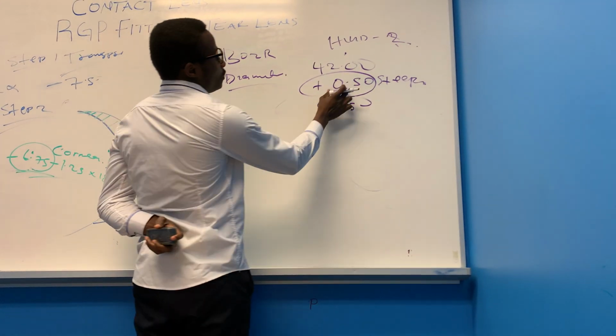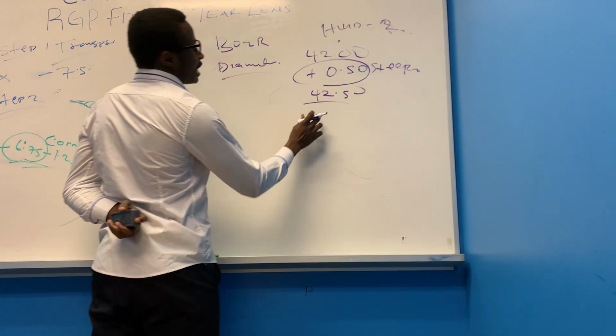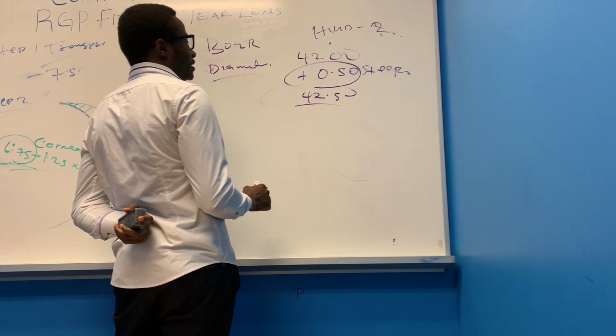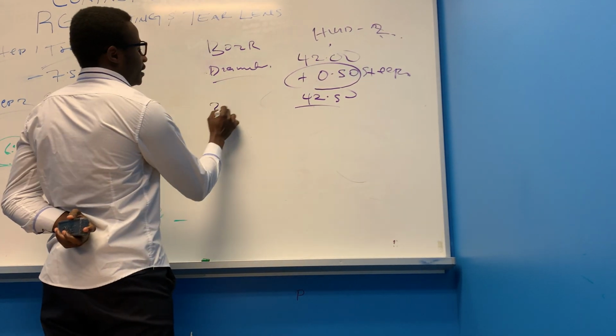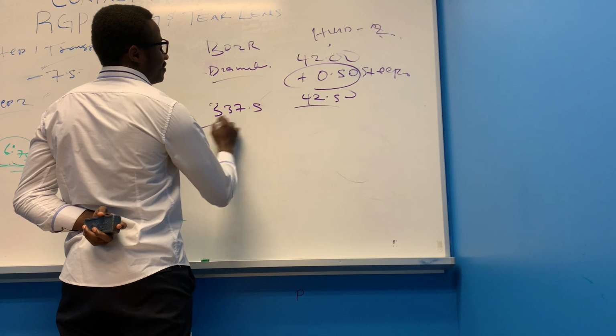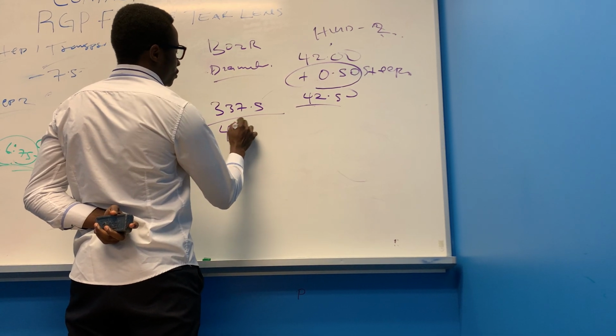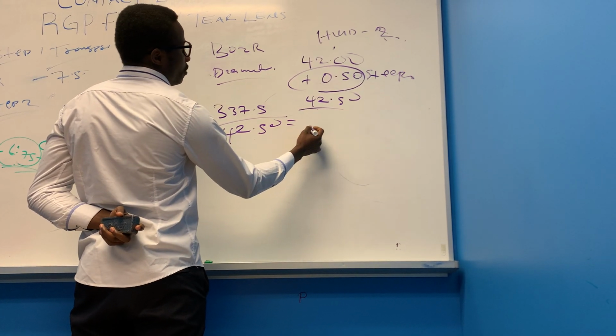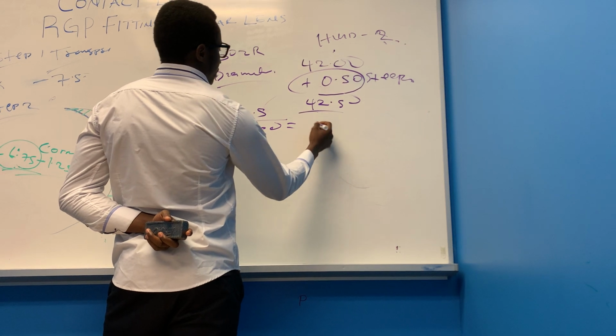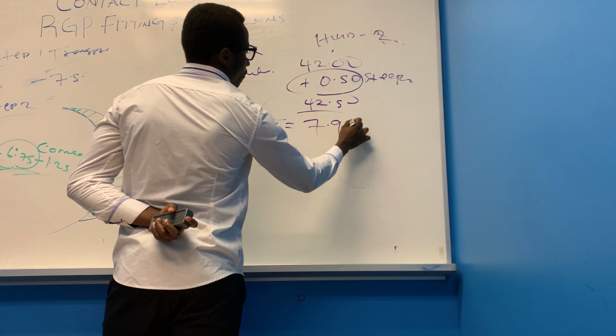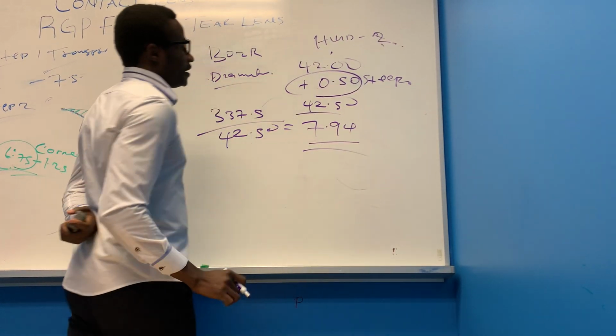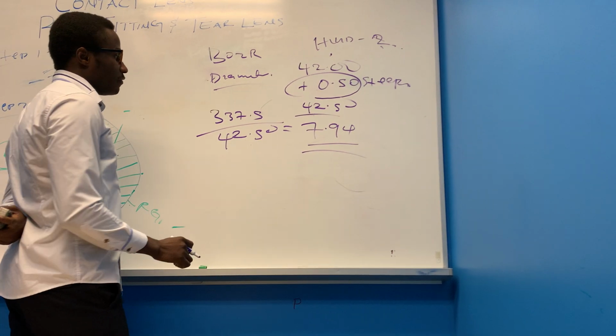So this is the steeper and this is the flattest. So since we have gotten this, to get our new RGP base curve, we will do 337.5 divided by 42.50, which will give us 7.94. So this is our RGP base curve.